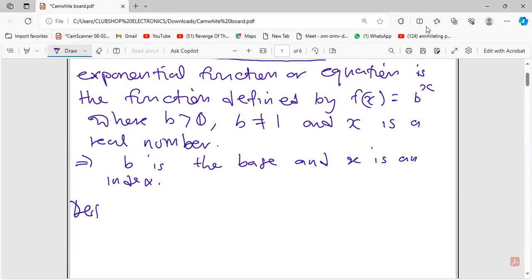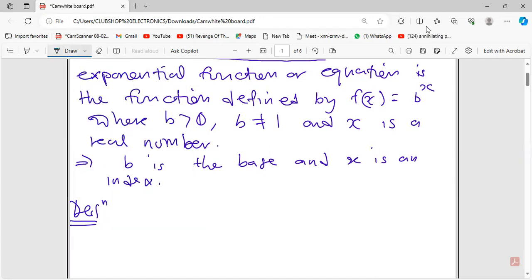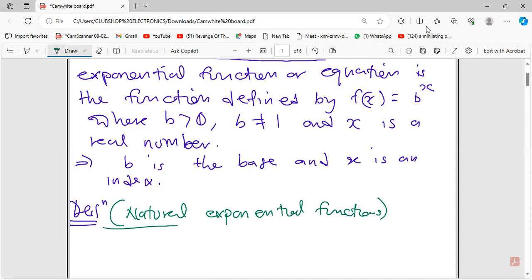Then we look at another definition for the natural exponential function. Okay.